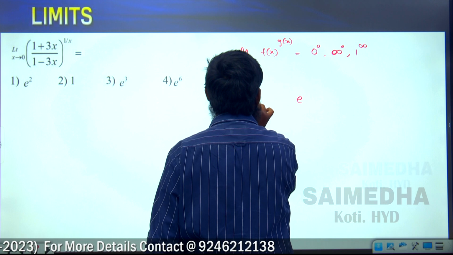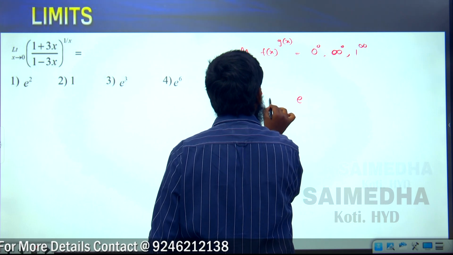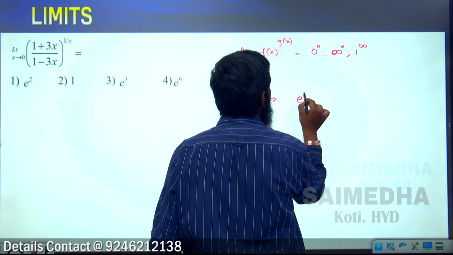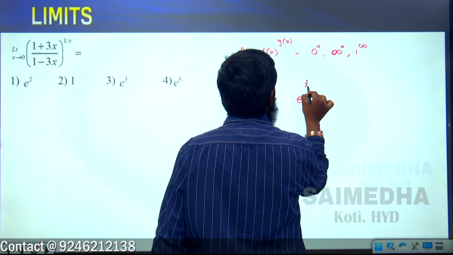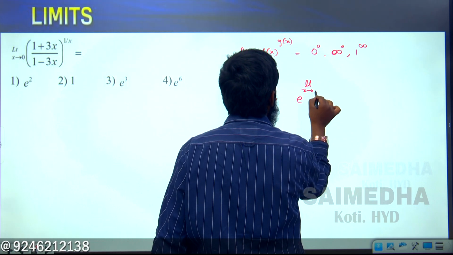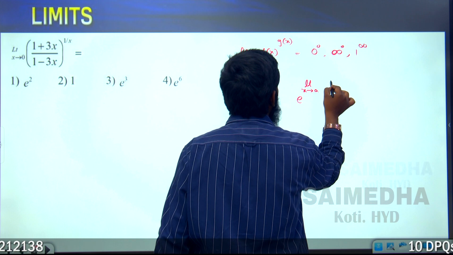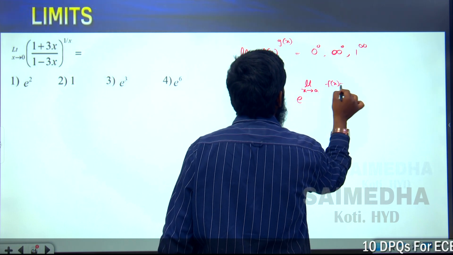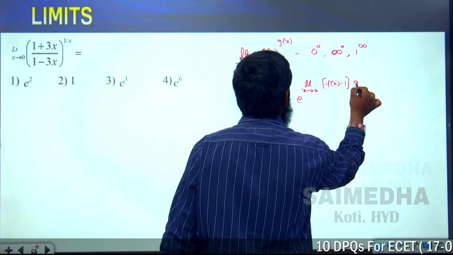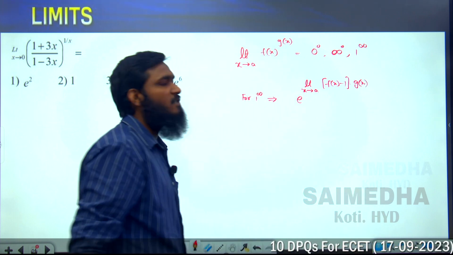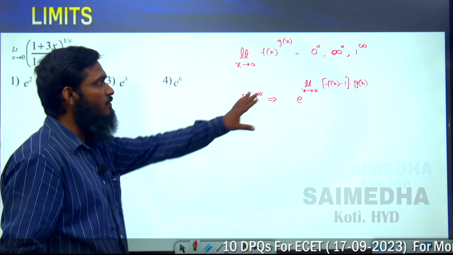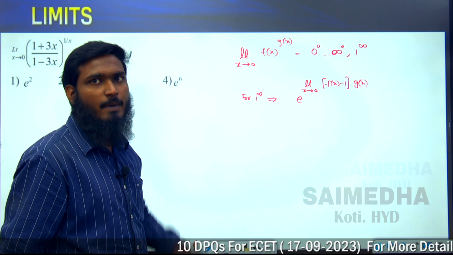For 1 power infinity, the formula is e power limit x tends to a, (f of x minus 1) into g of x. This is the formula we use for 1 power infinity.